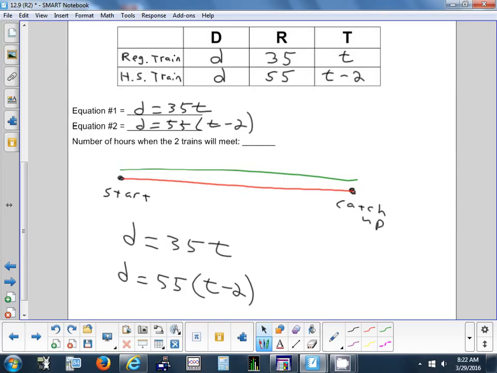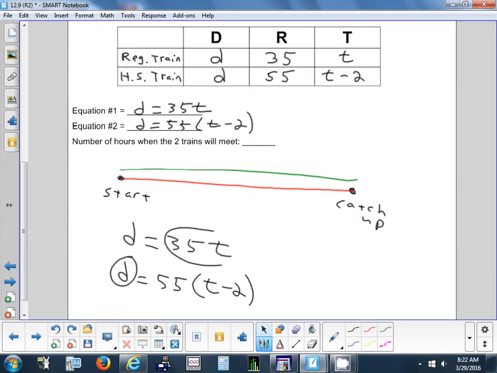Right, now we did one of these in the warm-up. Both of these things are equal to D. So what does that mean I can do? Cal? Remember that from the warm-up? These are both equal to D. Yeah, we can plug in for D. What can we plug in for D right here?